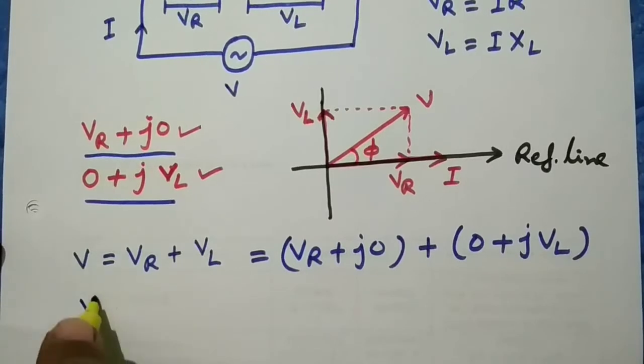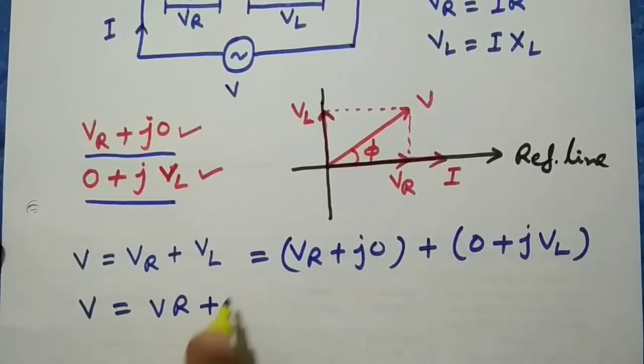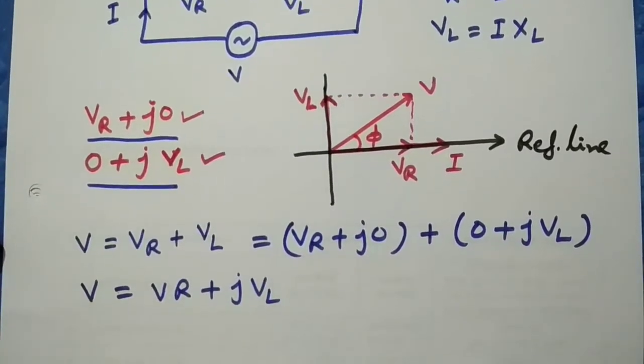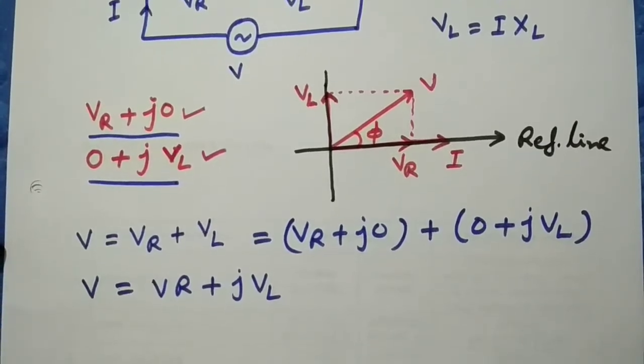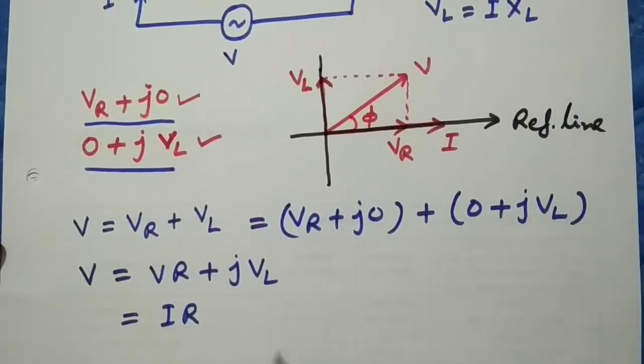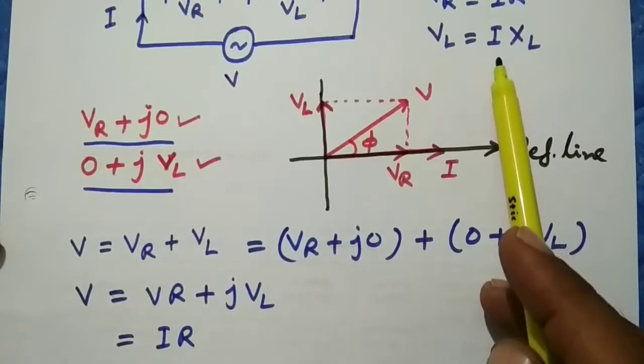So V can be written as VR plus j of VL, and here VR is equal to I into R. So it can be written as I into R, and VL is equal to I into XL.